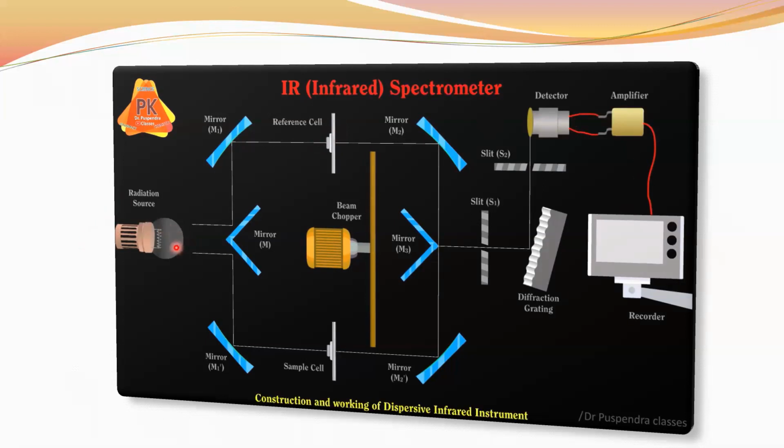Then we know that we use the radiation source. So in the case of IR, we call it Nernst Glower or Globar filament. And the next is the fore optics.